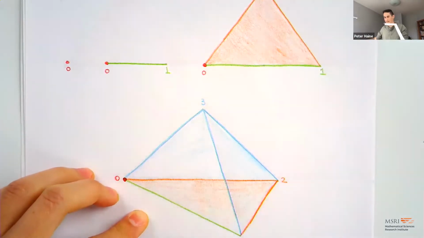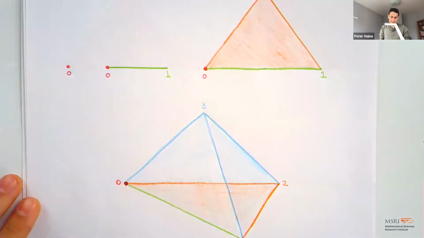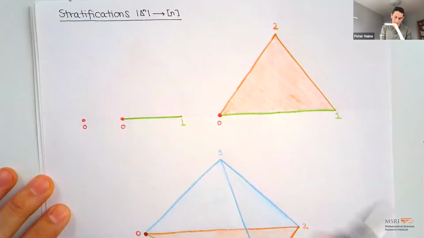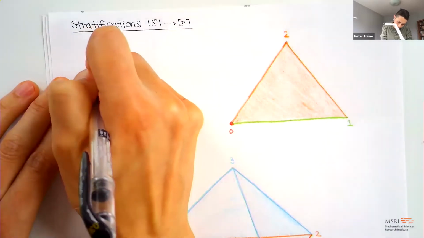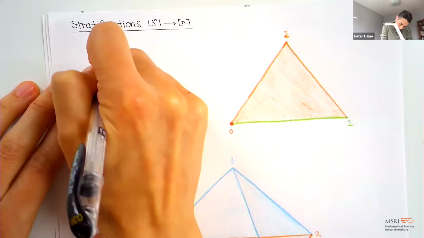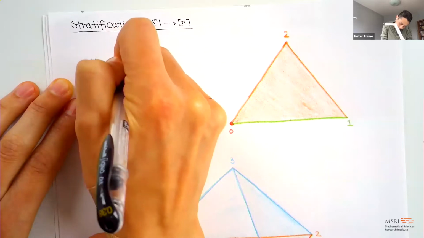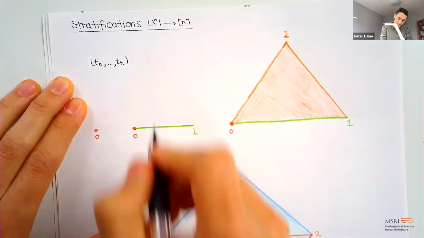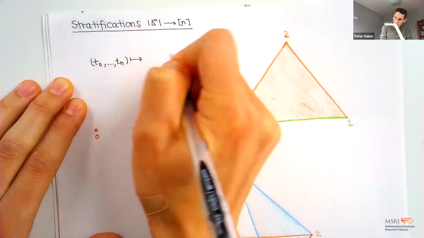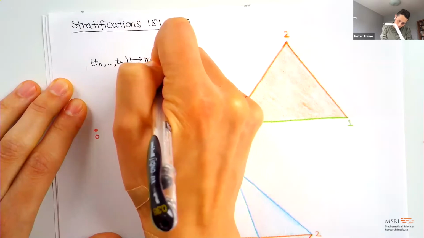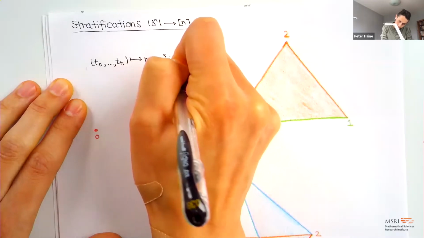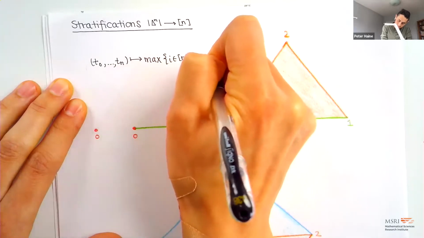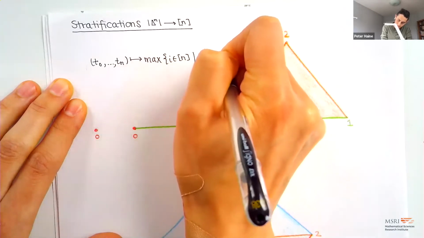If you like equations, you can describe this as sending (t_0 through t_n), in the standard presentation of the topological n-simplex, to the maximum of i in bracket n such that t_i is not equal to 0.